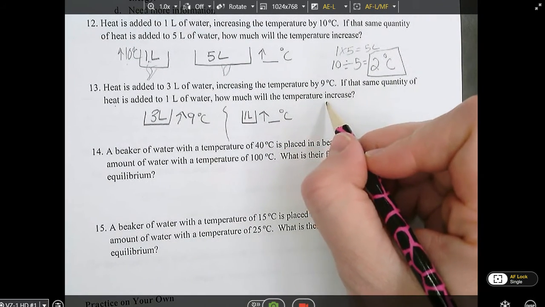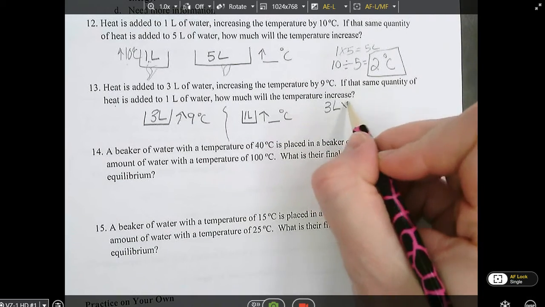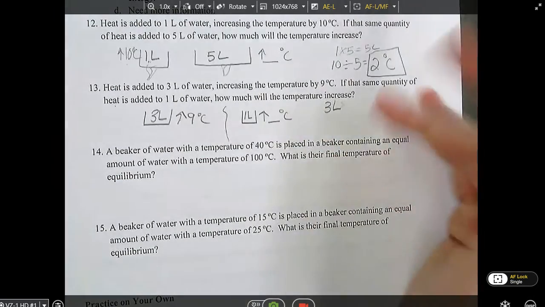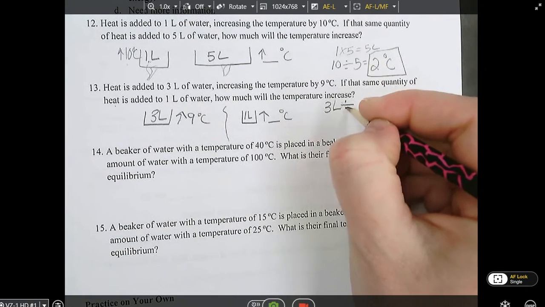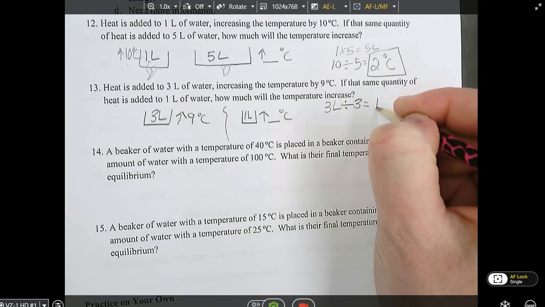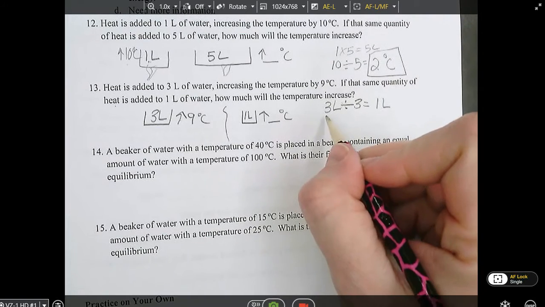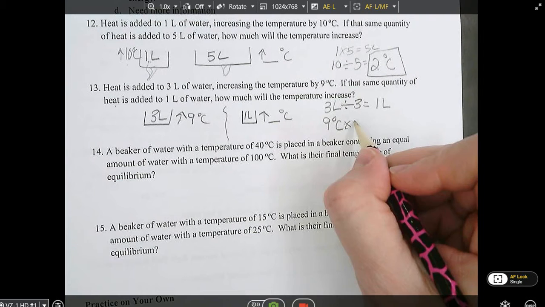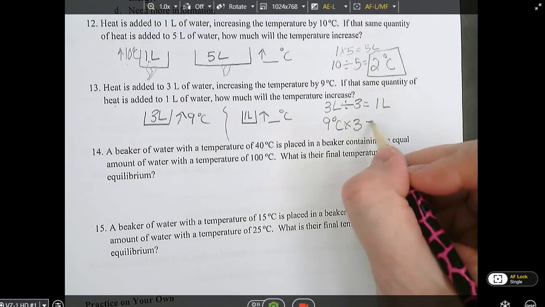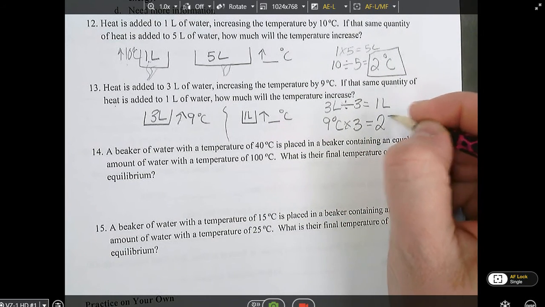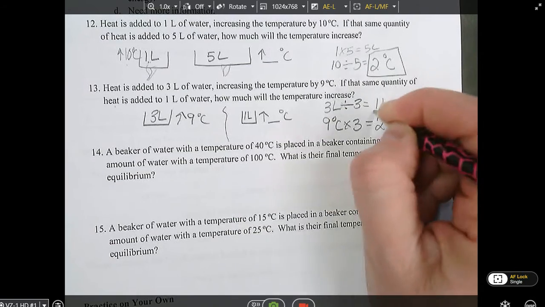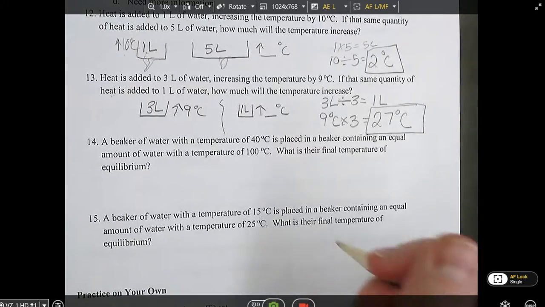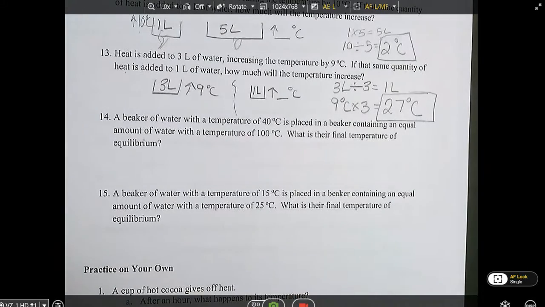Well, 3 liters divided by 3 will equal 1 liter. So now I have to go to 9 degrees and do the opposite function, which is multiplication. Multiplied by 3 equals 27 degrees Celsius. So it's going to increase a lot more, but you're heating up a lot less water. Again, the more we can imagine this, the better off we'll be.